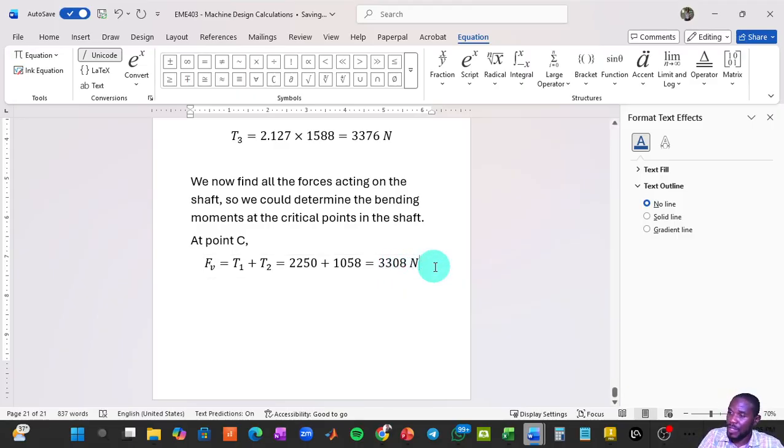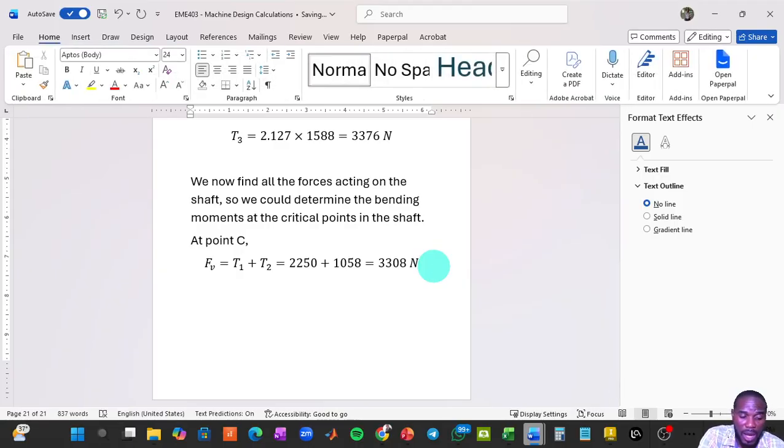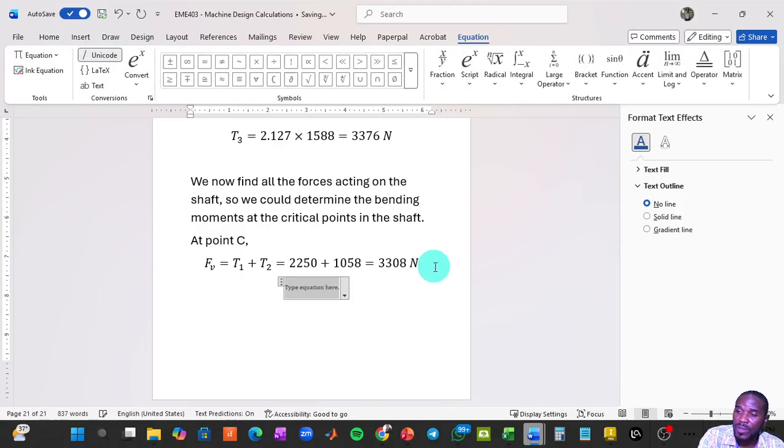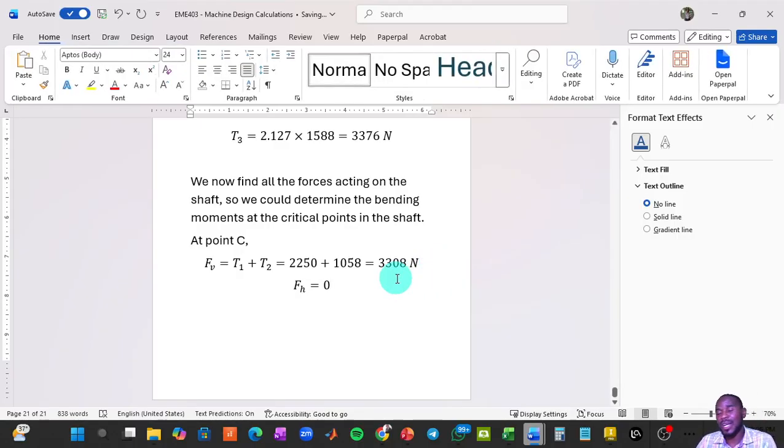That's FV at point C. Similarly, at the same point C, FH, the horizontal forces, are 0 because there are no forces that act in the horizontal direction at point C. Keep that at the back of your minds.